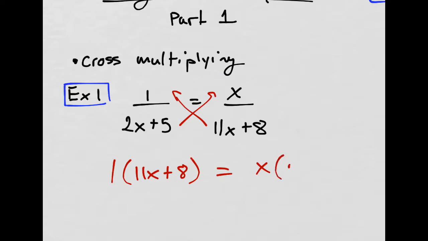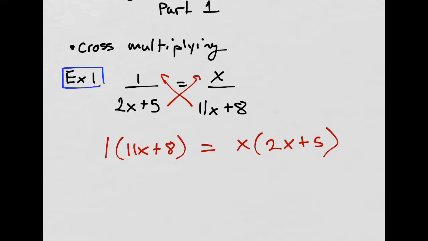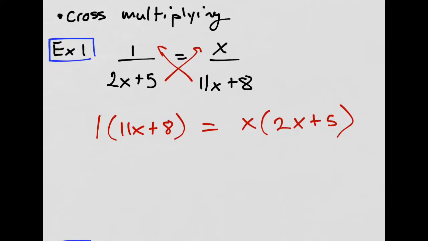So x times 2x plus 5. I normally wouldn't write down this step; I would just do it in my head because it's fairly easy. And then I get 11x plus 8 equals 2x squared plus 5x.